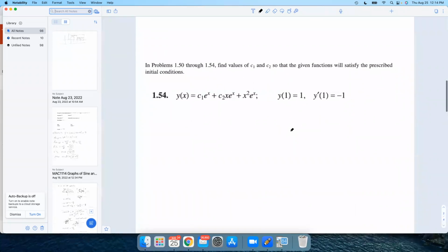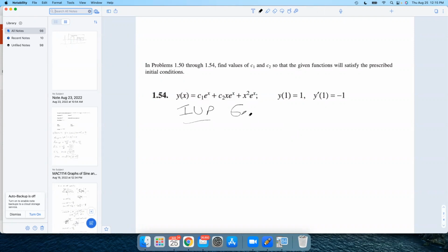Okay, here they've given me a solution to a DE. So I don't even have the DE in front of me. I don't even know what the differential equation was. I know that they've given me the general solution, and I'm looking to solve an initial value problem. This is an IVP.